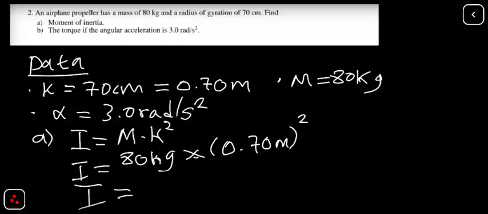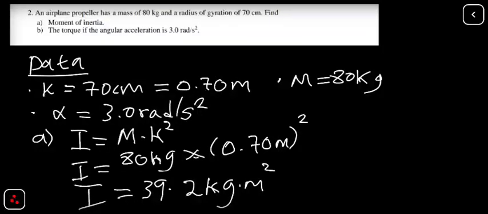Once you multiply 8 times what is inside the parentheses, 0.70 meters squared, you're going to get 39.2 kg meter squared. For the SI units, you just combine the SI unit of mass and the SI unit of the radius.